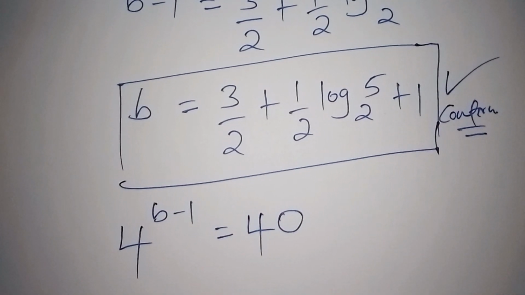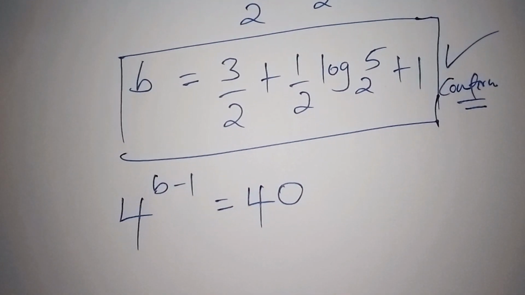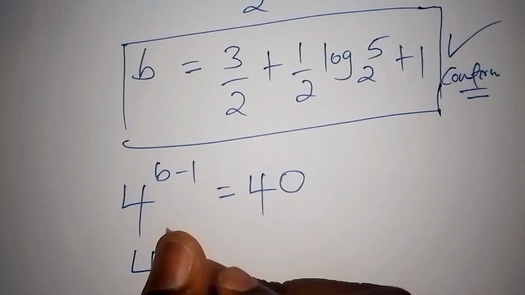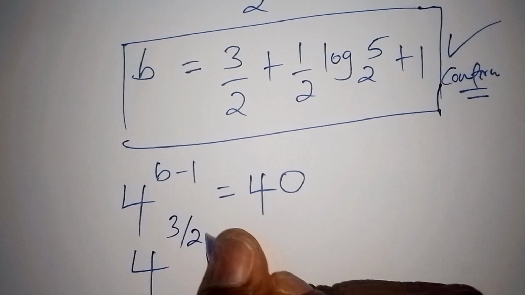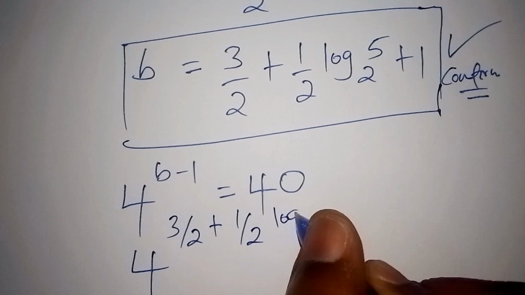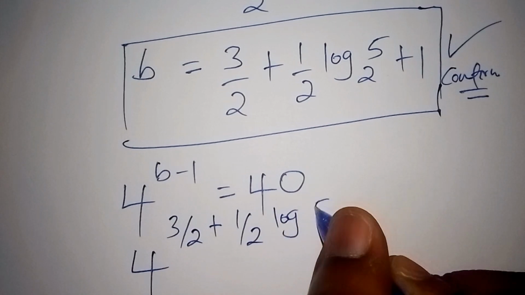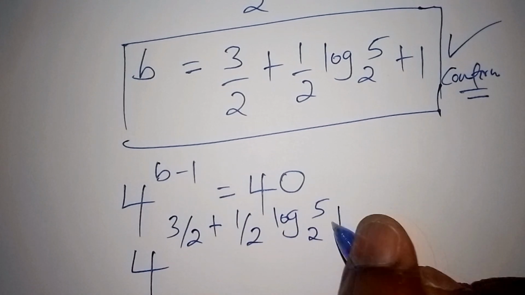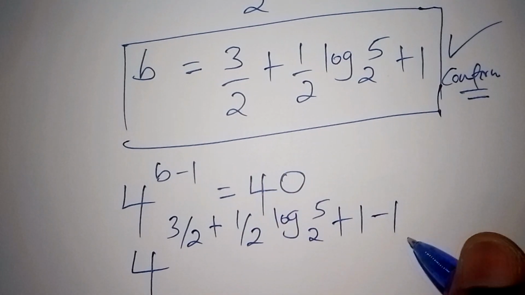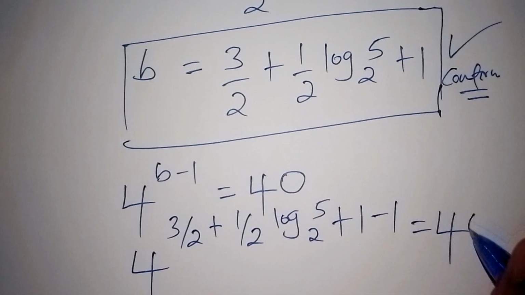So we shall now write, instead of writing b, we shall write this value. So now we shall have 4 to the power of 3 over 2 plus a half the log of 5 to the base of 2 plus 1, then don't forget minus 1 there, is equals to 40.